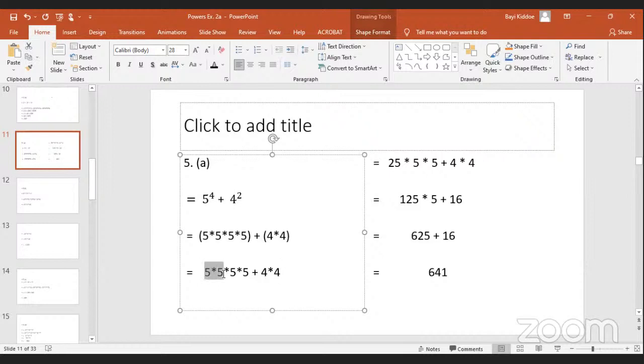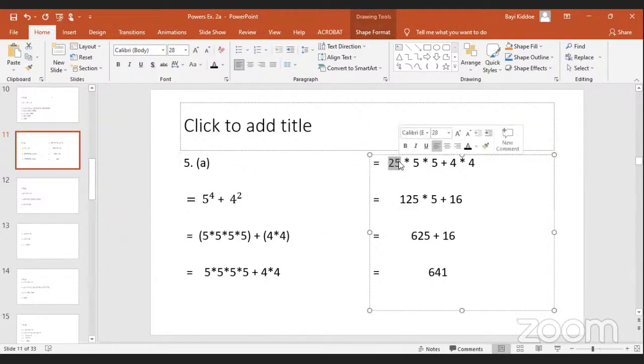So 5 times 5 gives you 25, right? And we're bringing down the other 2 5s, times 5 times 5. Bring down the plus sign and bring down the 4 times 4. 25 times 5 gives you 125. Bring down back this 5 here.